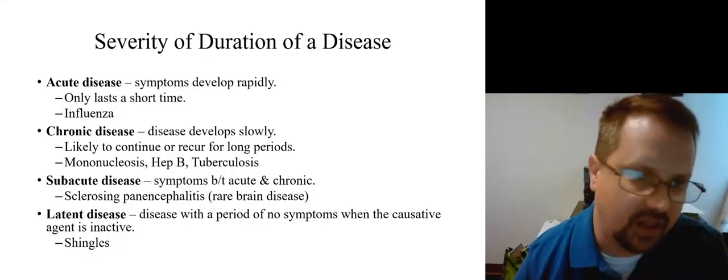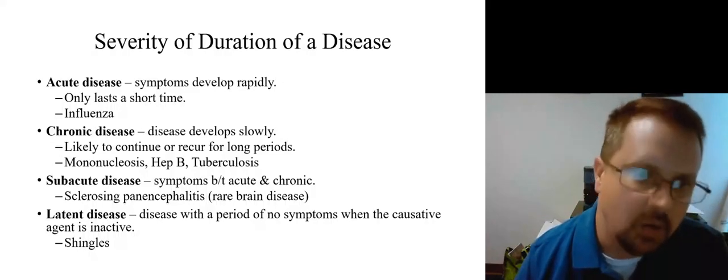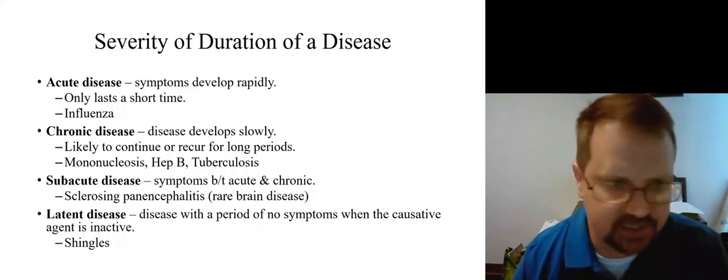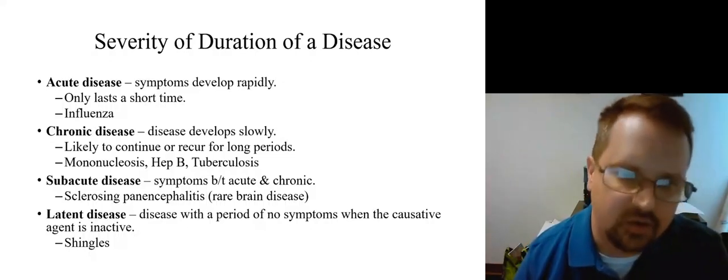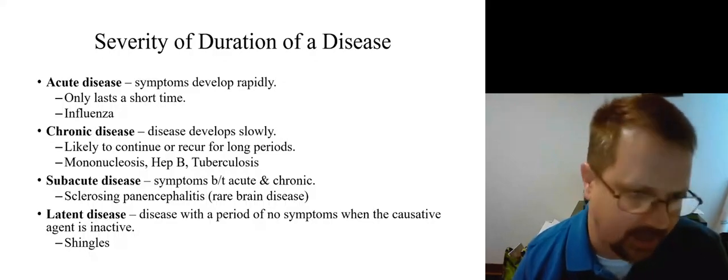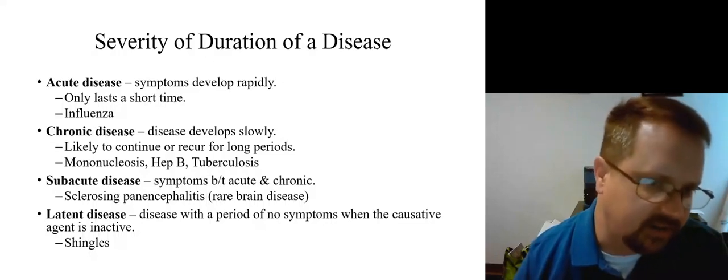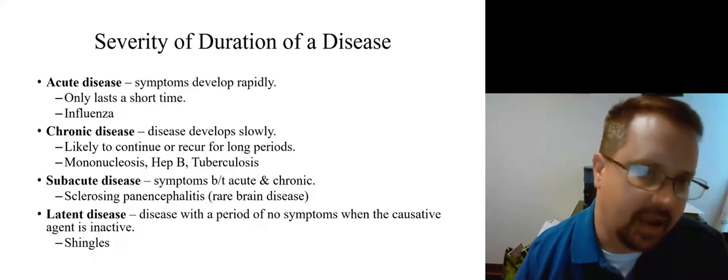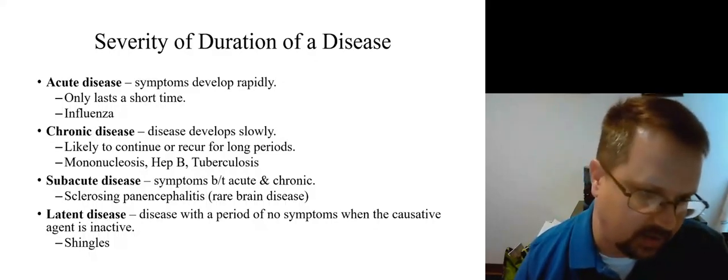Chronic diseases develop very slowly and continue for long periods, like mono, Hep B, and tuberculosis. Subacute diseases have symptoms between acute and chronic. A rare brain disease called subacute sclerosing panencephalitis is subacute.